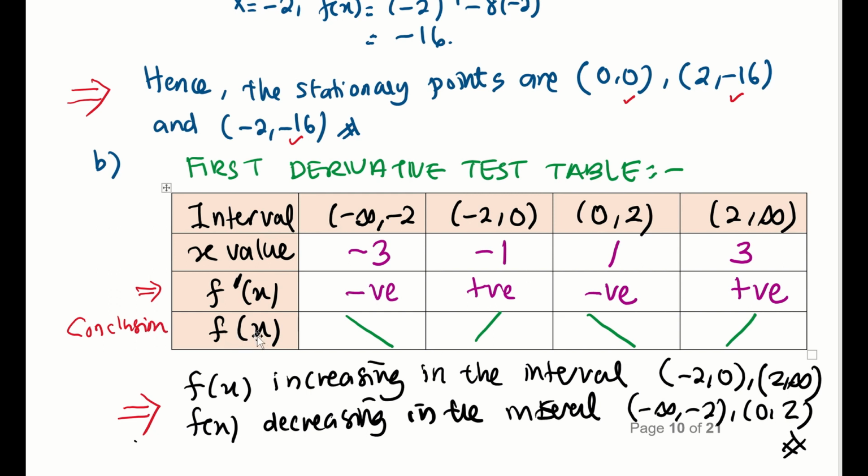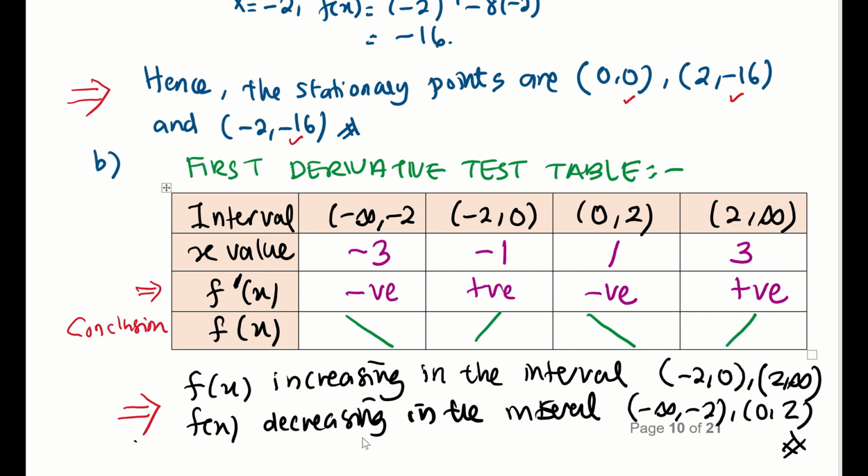Therefore, our function f(x) is decreasing. Negative means the function is decreasing. This is the shape when f(x) is decreasing. Positive means f(x) is increasing on the interval from negative 2 to 0. On the interval from 0 to 2, the function is decreasing, and from 2 to infinity, the function is increasing.